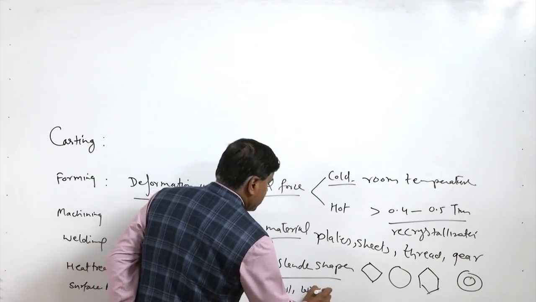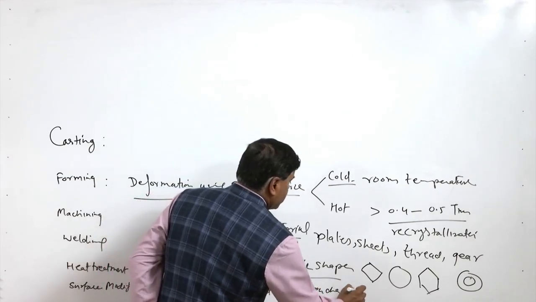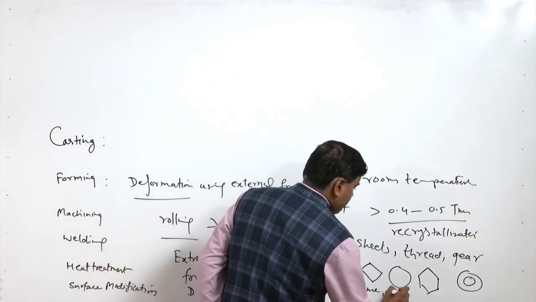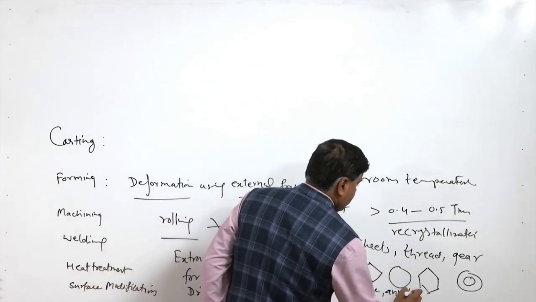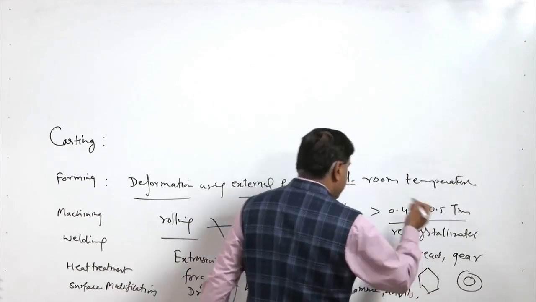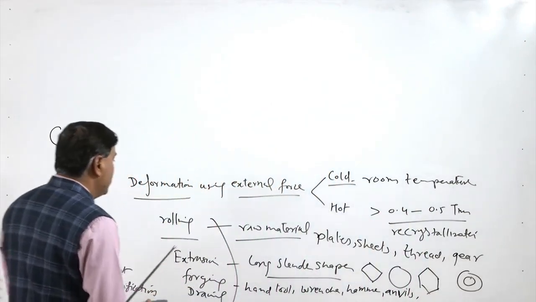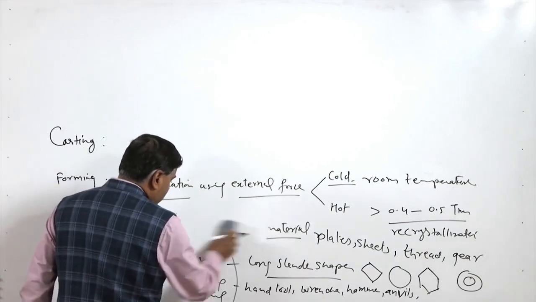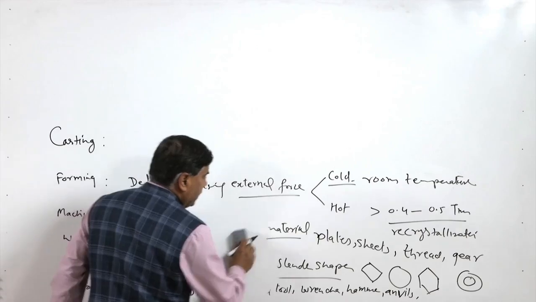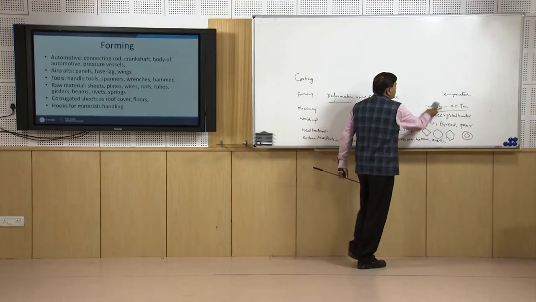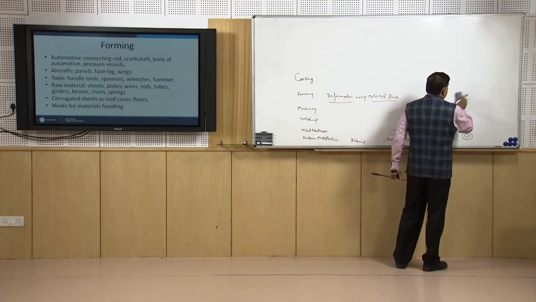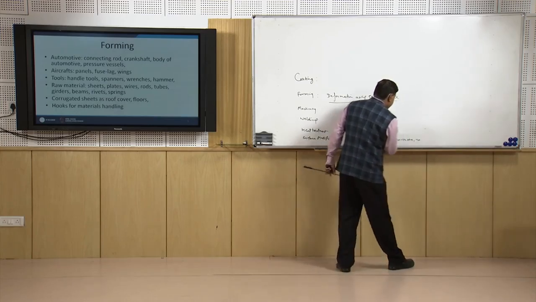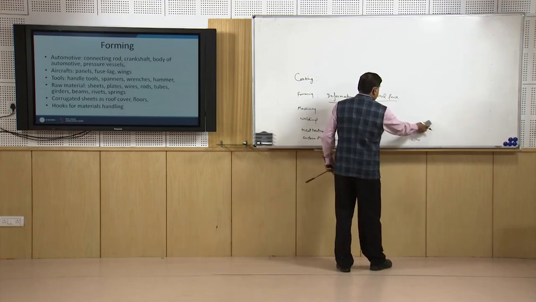Forging is used for making, say, hand tools like wrenches, hammers, anvils, connecting rods, shafts, etc. And wires and rods, or you can say bars of larger diameter, are made using the drawing process.